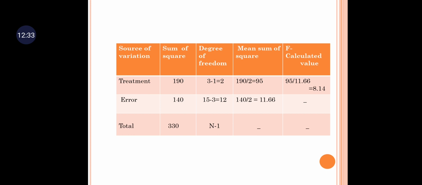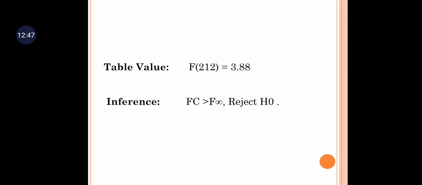So you calculate 95 divided by 11.66, and the F calculated value is 8.14. This is the calculated F value in the ANOVA table. The table value is F(2,12), that is 3.88.